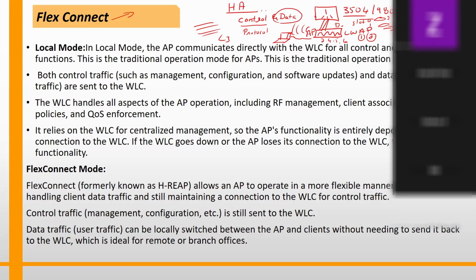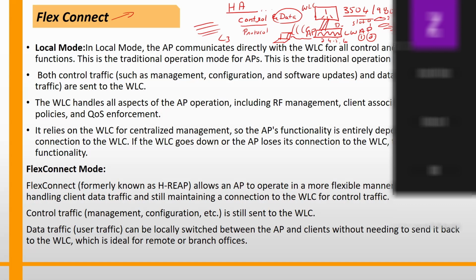Then the clients will lose connection because it loses the brain of the WLAN architecture. The brain of the WLAN architecture is the WLC, right? So what happens in this scenario? There is an outage in the SSID, that means it loses connection.